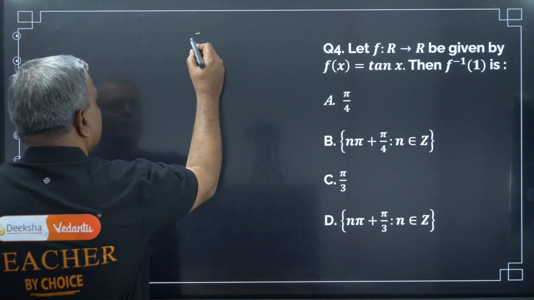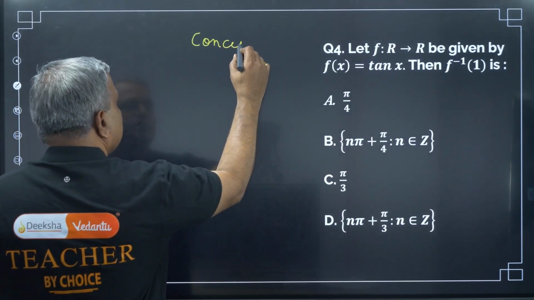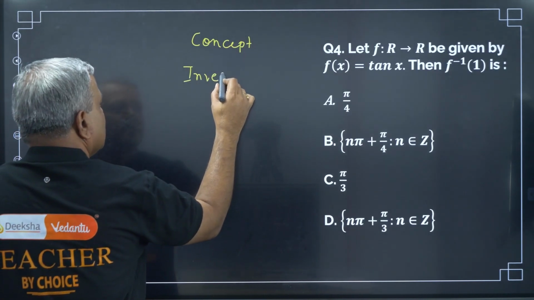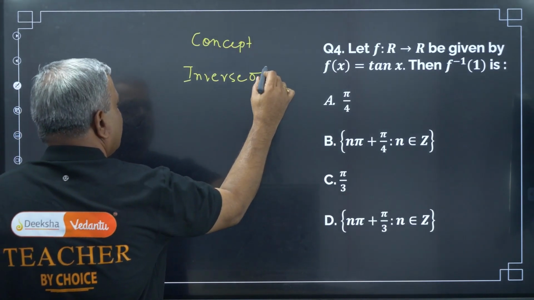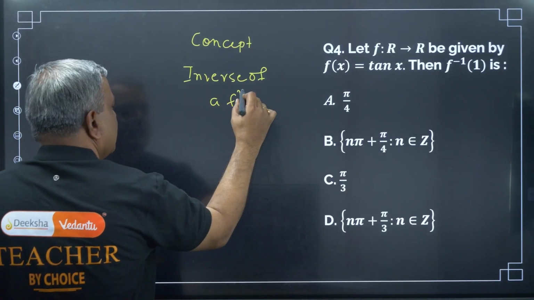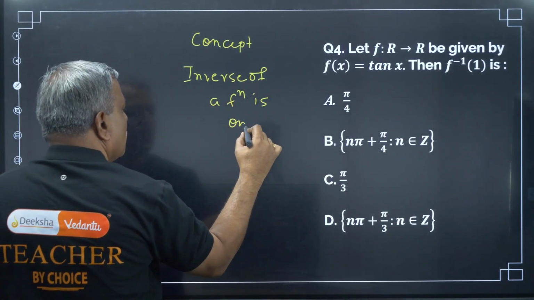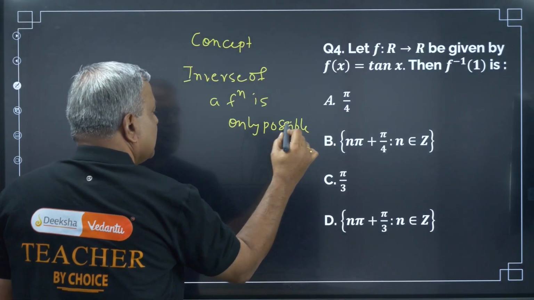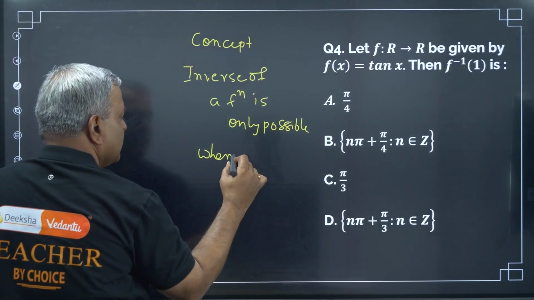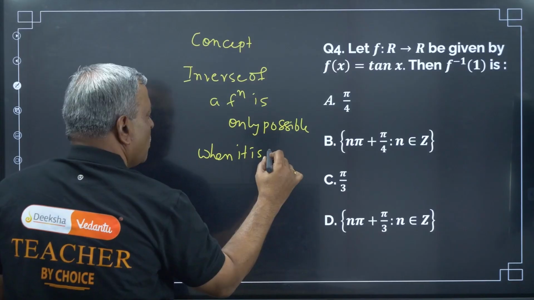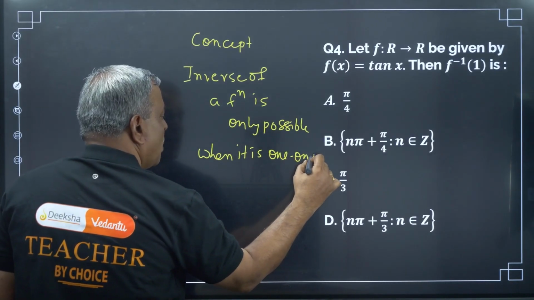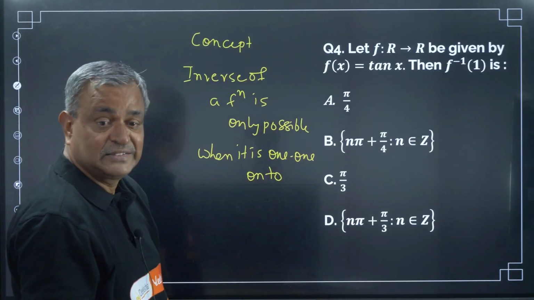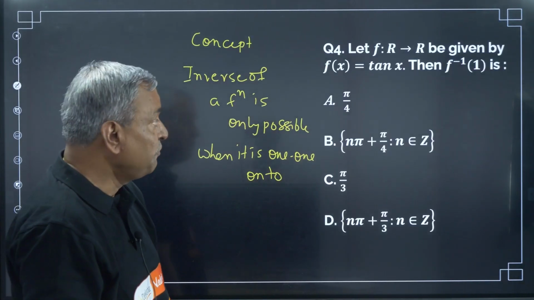Write down the concept. The concept is: the inverse of a function is only possible when it is 1-1 and onto. When it is 1-1 onto, then only the inverse exists. Otherwise, we also say bijective function.